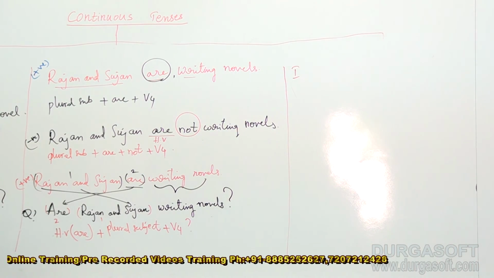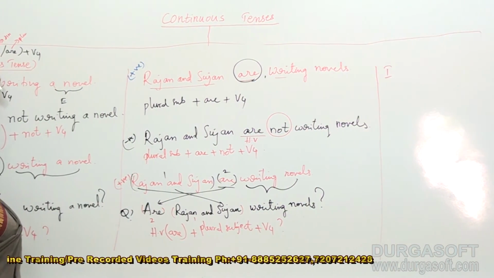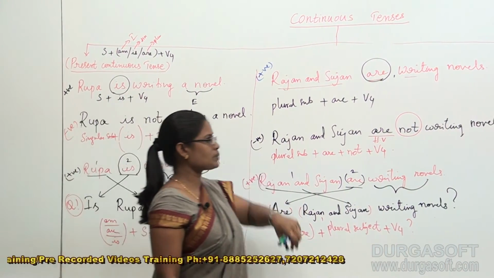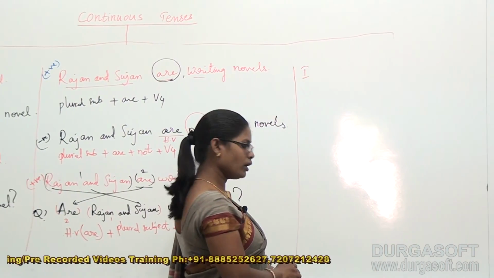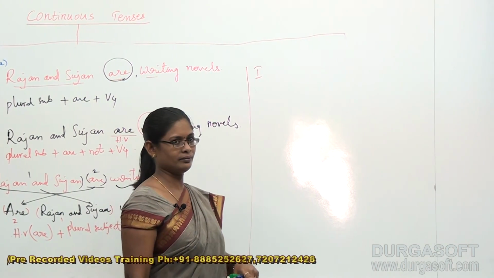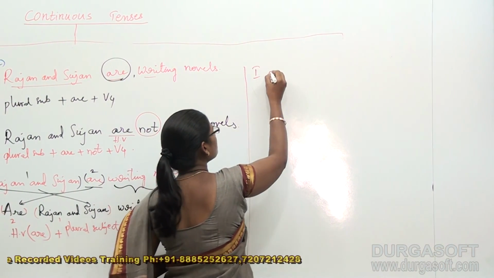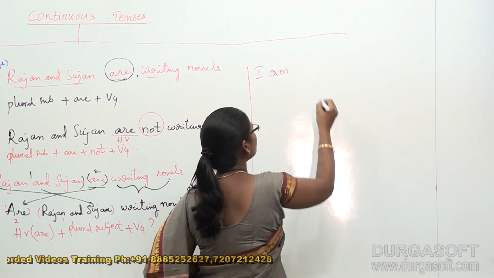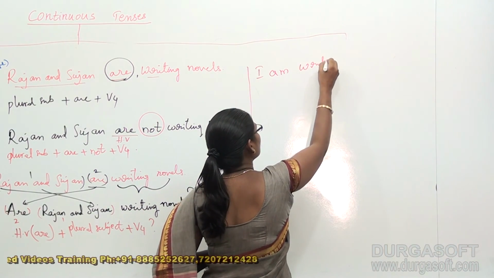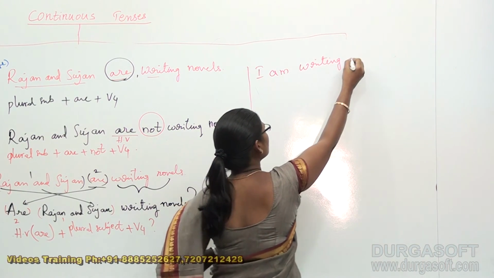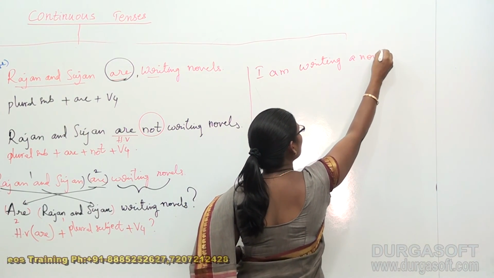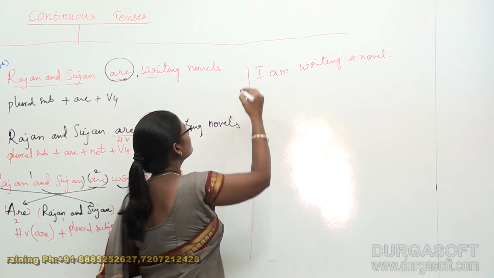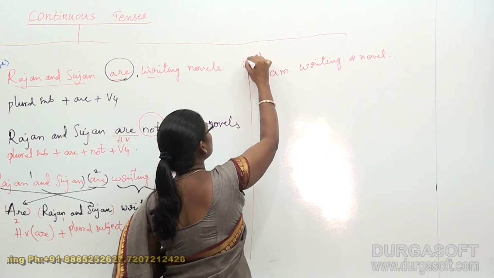It is always indicated in the structure that it is am, right? If you are speaking about yourself, you start your sentence with I, so it is to be followed by am. I am writing a novel. In fact, this is my positive sentence.